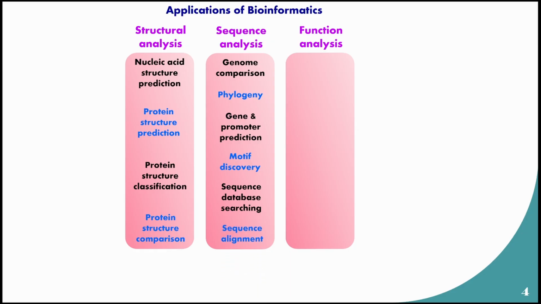Then you of course have sequence alignment, which goes hand in hand with many of the things that we talked about earlier: genome comparison, phylogeny, motif discovery, and so on. Sequence alignment is basically aligning multiple sequences, and this could be done in different ways. One is global alignment, where you try to maximize the entire overall match between the sequences.